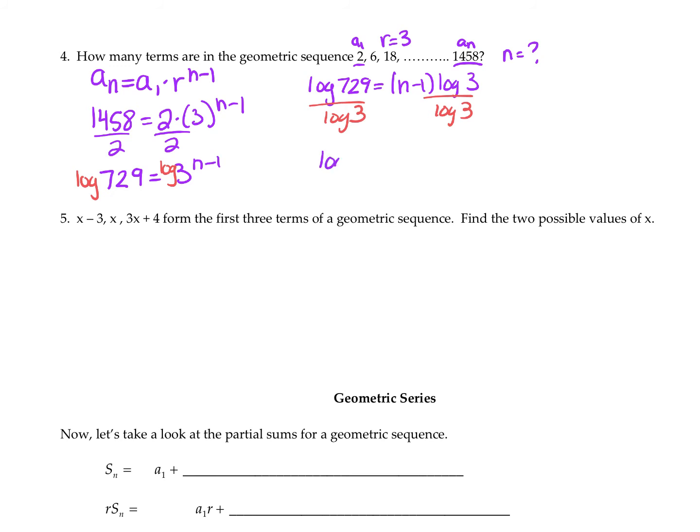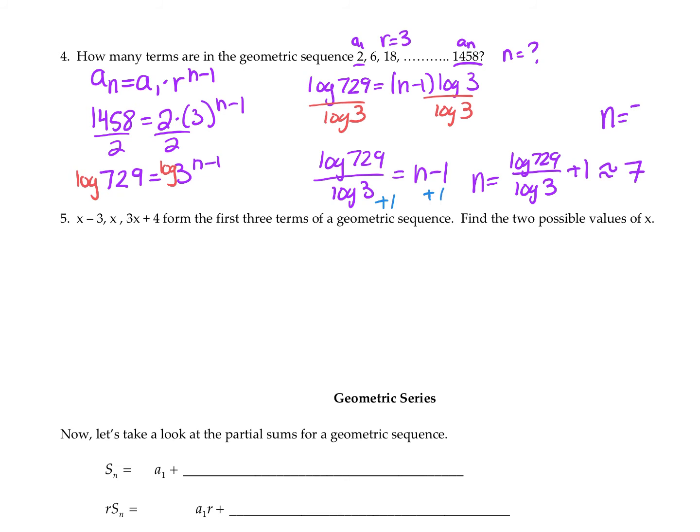So I'm going to have the log of 729 over the log of 3 is equal to n minus 1. Now I'm going to add 1, and so I would get that n is the log of 729 over the log of 3 plus 1. When I type that in my calculator, I would actually get 7. So that means my n is equal to 7. So there's 7 terms in this sequence.